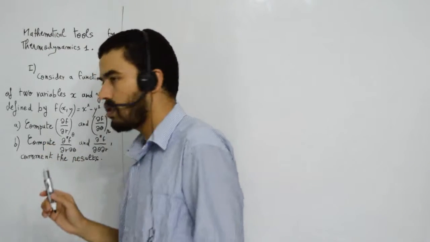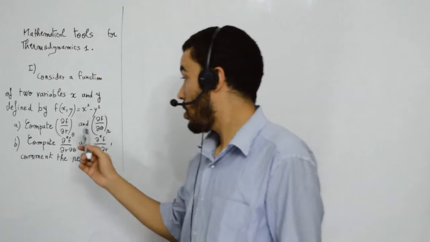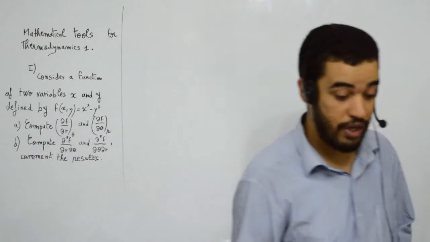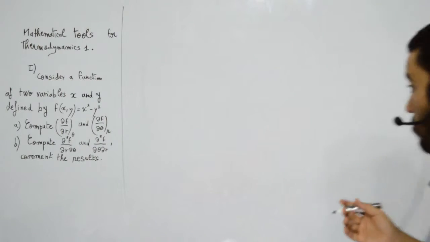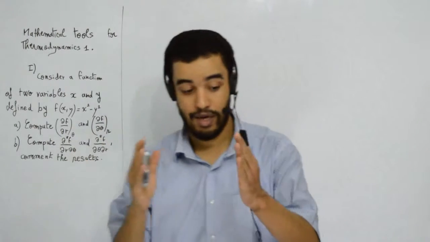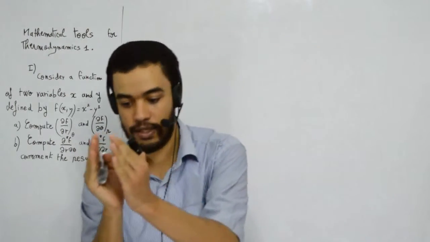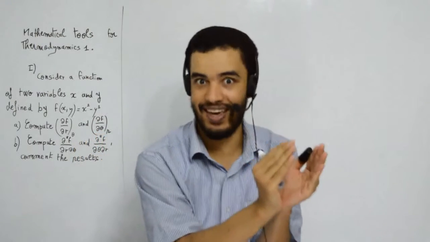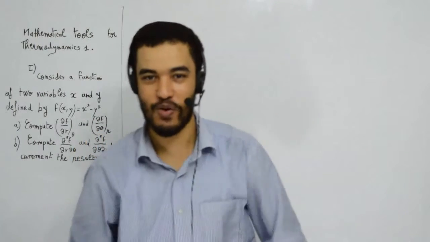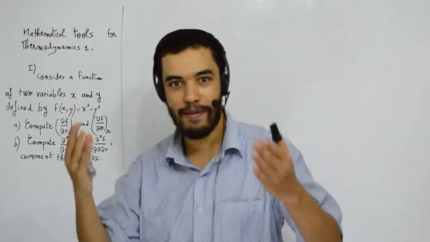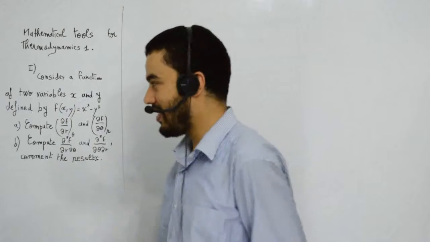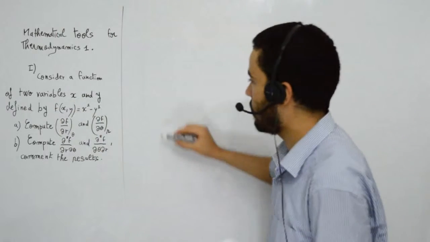I want the relation between the Cartesian coordinates and the polar coordinates. My Cartesian coordinates are x and y. My polar coordinates are r and theta.